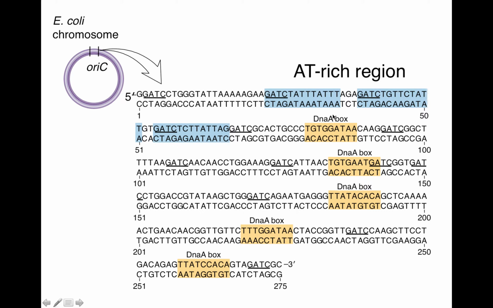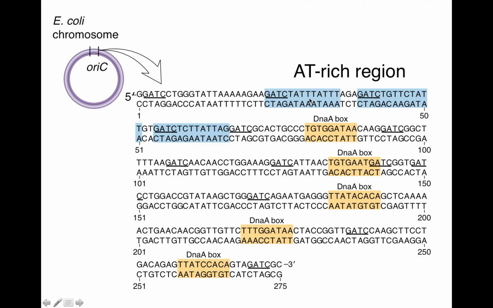In this case, it's the DnaA protein. DnaA binds here, here, here, here, and here. So there are 5 different molecules of DnaA which will bind to the DNA sequence here. Notice that they are next to some AT-rich regions that are also part of the origin of replication.